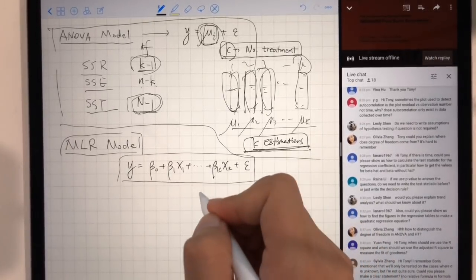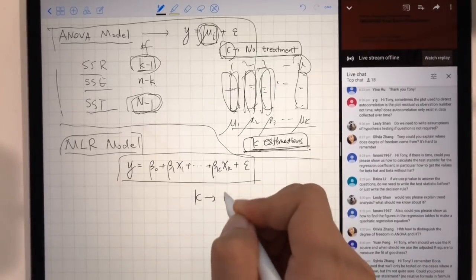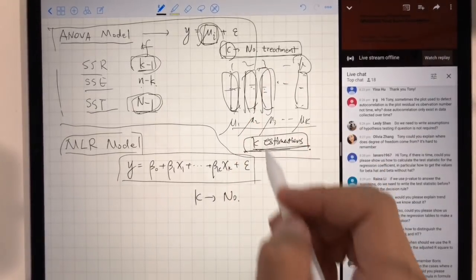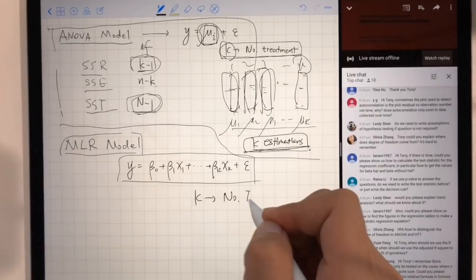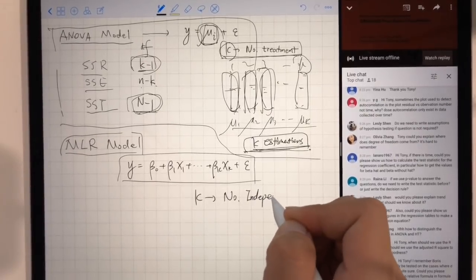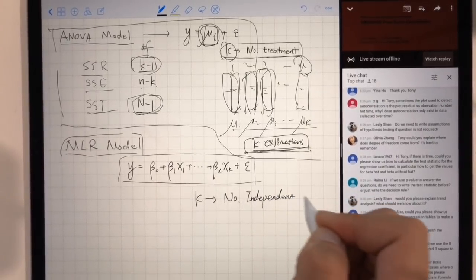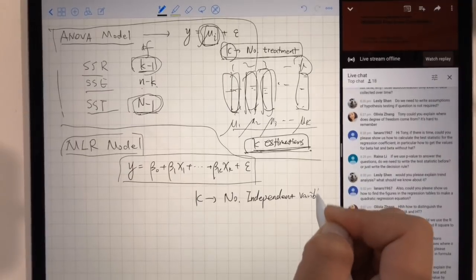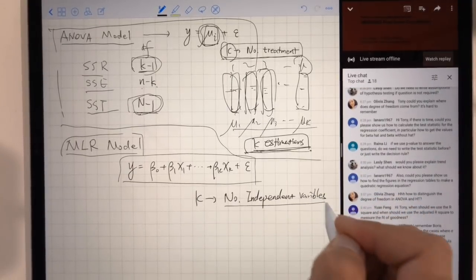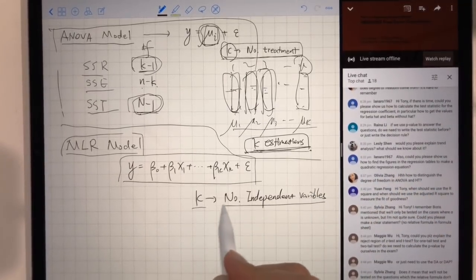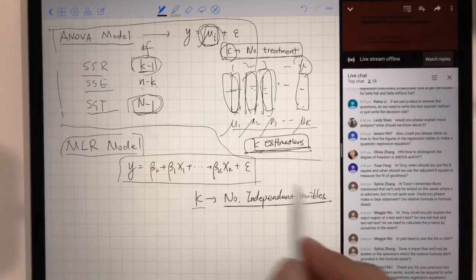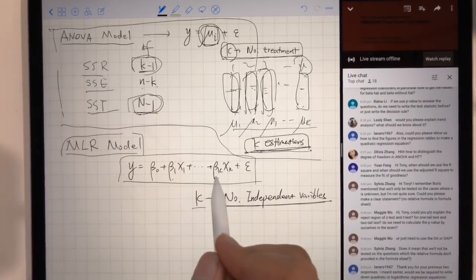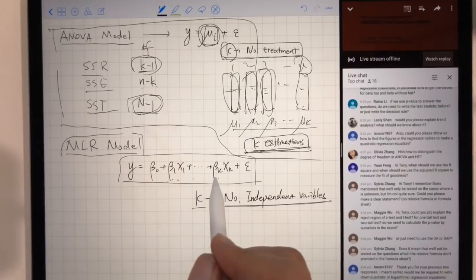So k here is defined as the number of independent variables, right?